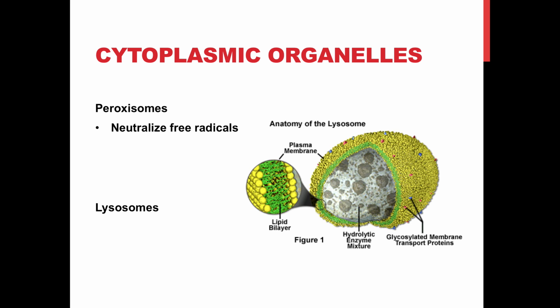Oxidases use molecular oxygen to detoxify harmful substances, including alcohol and formaldehyde. Their most important function is to neutralize free radicals, highly reactive chemicals with unpaired electrons that can scramble the structure of biological molecules. Oxidases convert free radicals to hydrogen peroxide, which is also reactive and dangerous, but which the catalases quickly convert to water. So the catalases convert H2O2 into H2O.